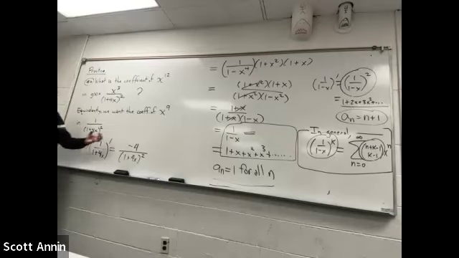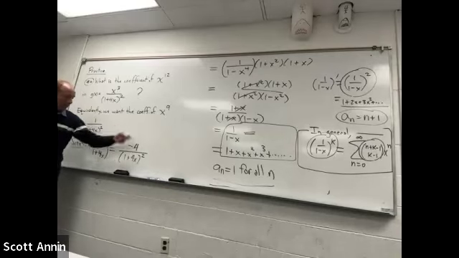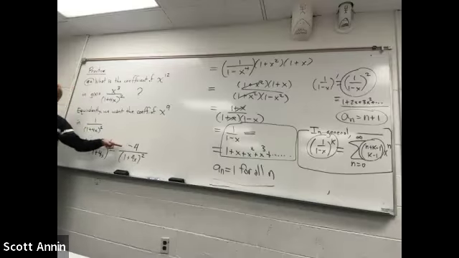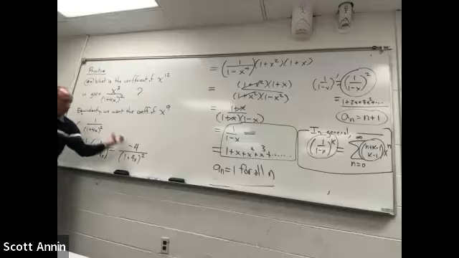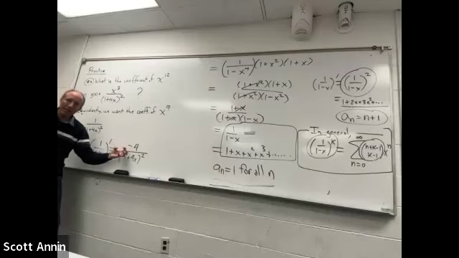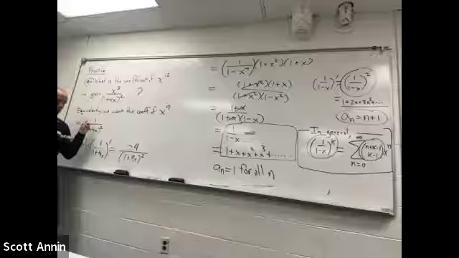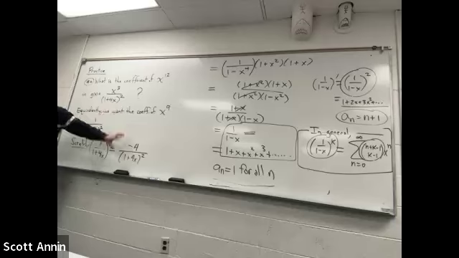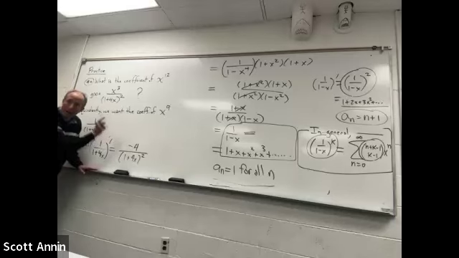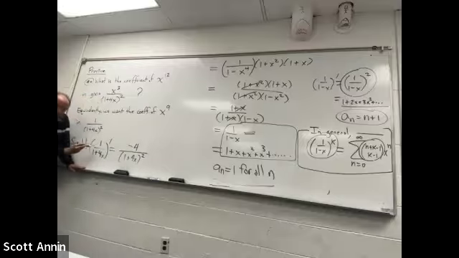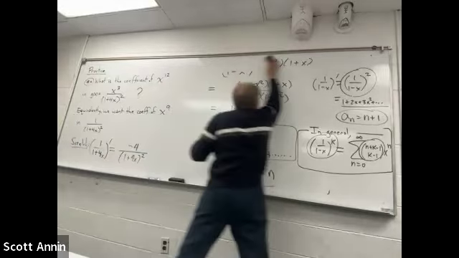But if I can figure out the coefficient of x to the 9th in this guy, it's almost the same. It'll be off by a factor of -4. So I want the coefficient of x to the 9th here, and then I'll just tweak it to get the coefficient I really want. And to get the coefficient of x to the 9th out of here, I am simply going to figure out the coefficient of x to the 9th on this thing.